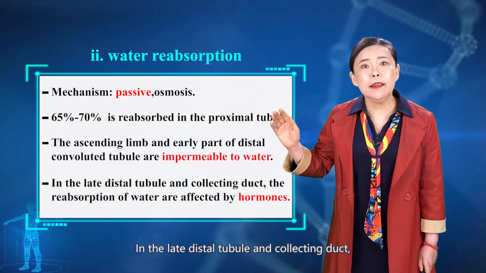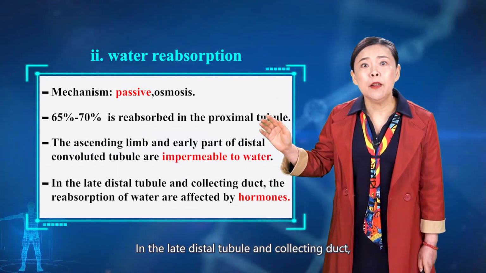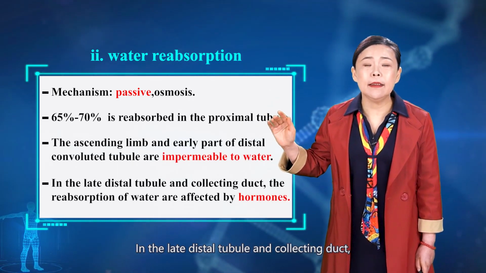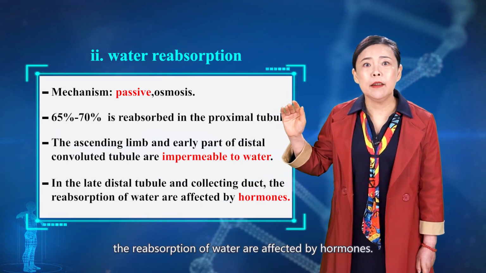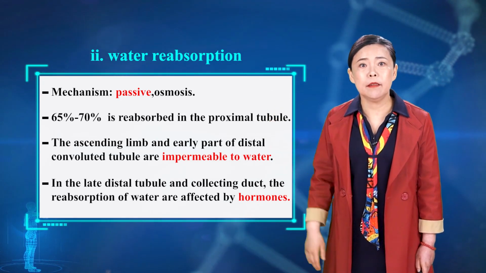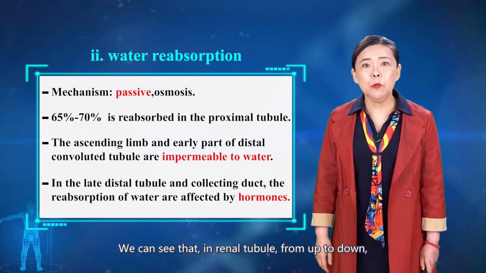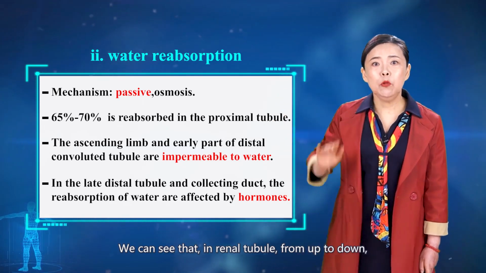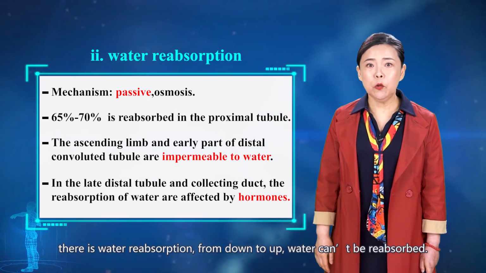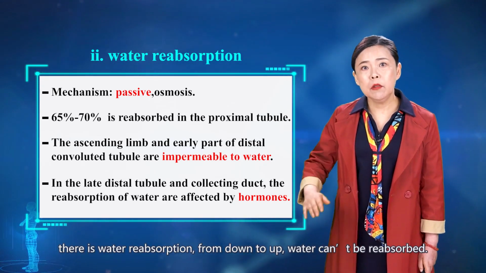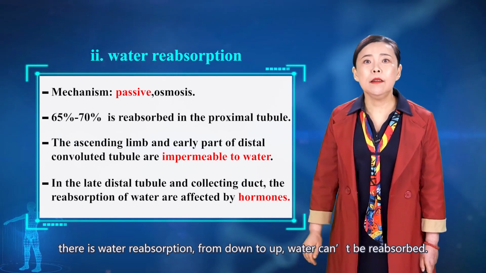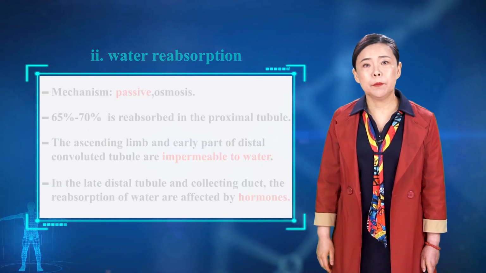In the late distal tubule and collecting duct, the reabsorption of water is affected by hormones. We can see that in the renal tubule, from up to down, there's water reabsorption. From down to up, water can't be reabsorbed.